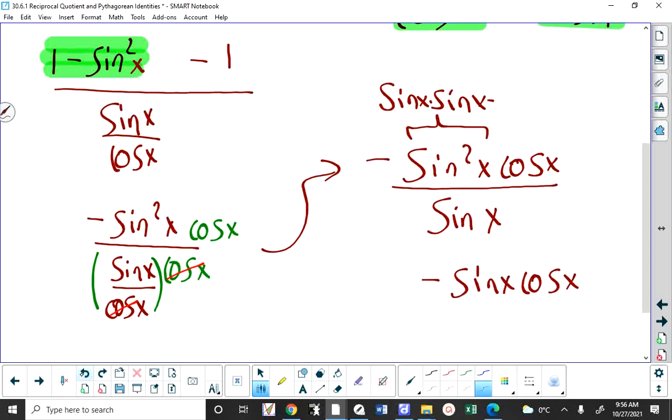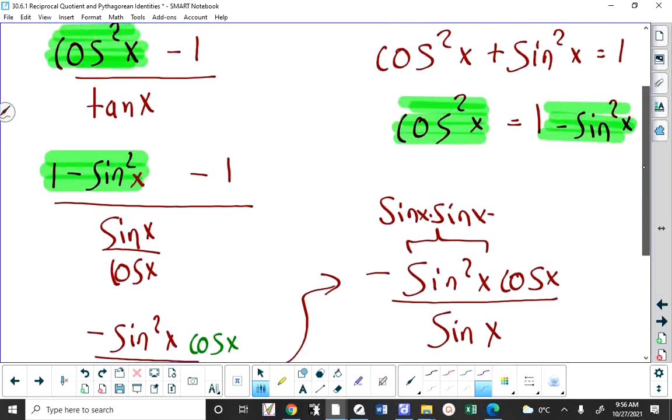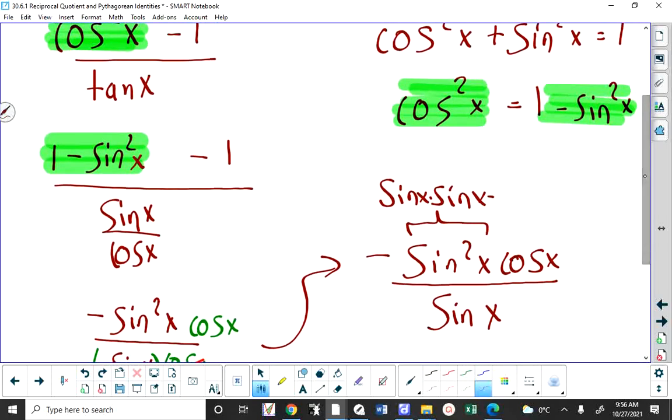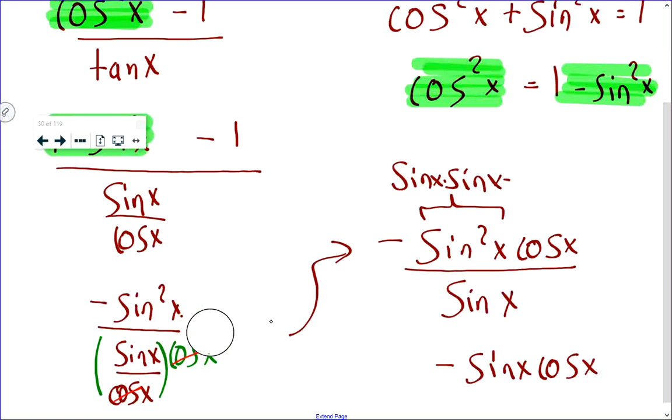Are you okay with that explanation? Okay, I wouldn't have done that. See, what I would have done, and it's a subtle difference, is I would have gone from here right to there.